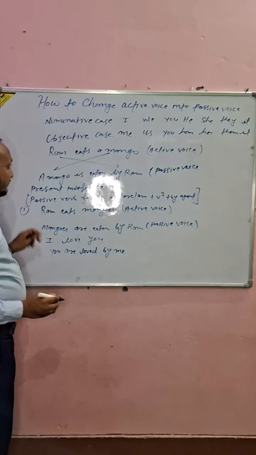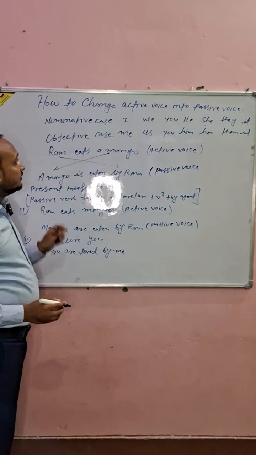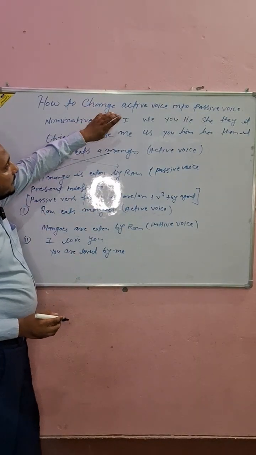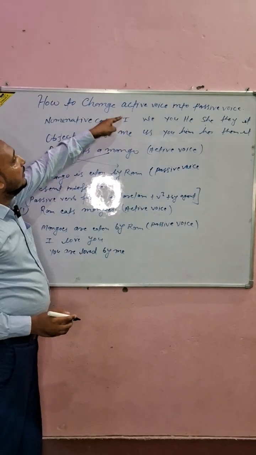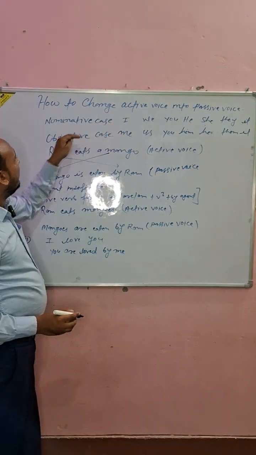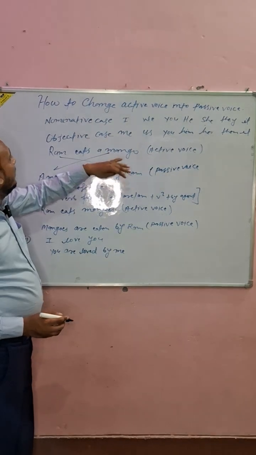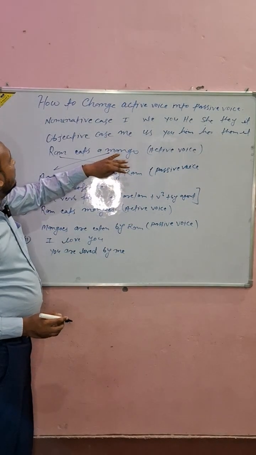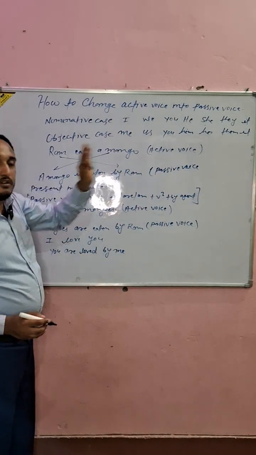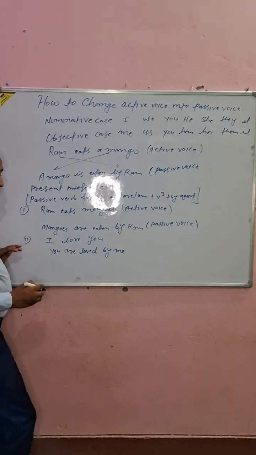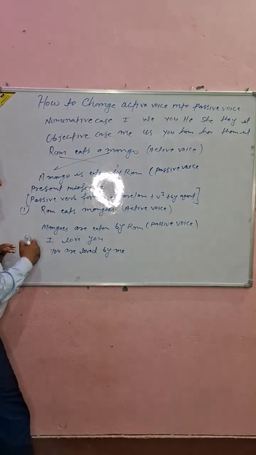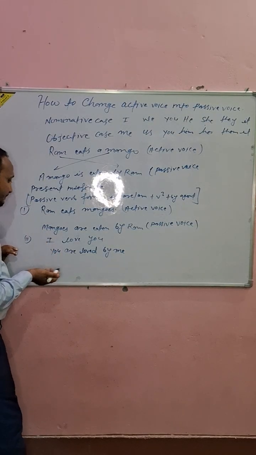You should remember forever the nominative case and objective case. What will be the objective case of a nominative case, and the nominative case of an objective case? Both things are very necessary to change active into passive.